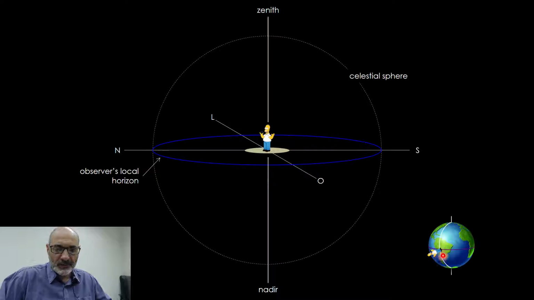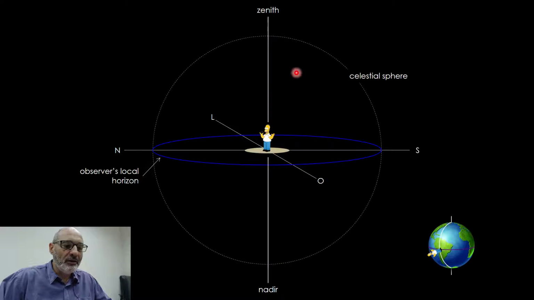Okay, so our observer is on top of the equator on a given meridian. What he sees is the point of view of the observer. He sees north, south, east and west. And this blue line here is his local horizon, the observer horizon.